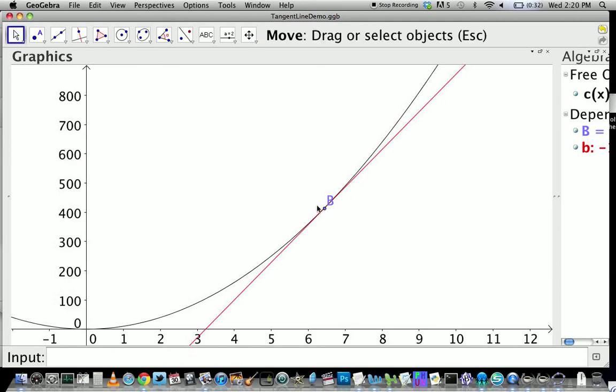The final piece for a physics class in thinking about why this red line is important is to think about what the slope of a line on the position versus time graph means, whether it's the slope of a tangent line or the slope of a curved line like this.